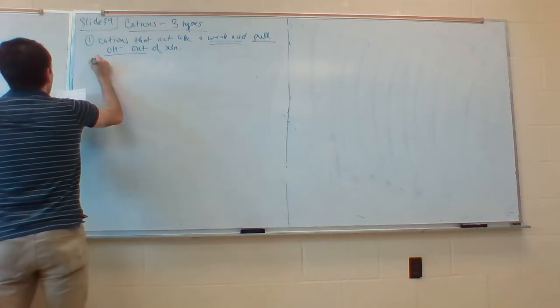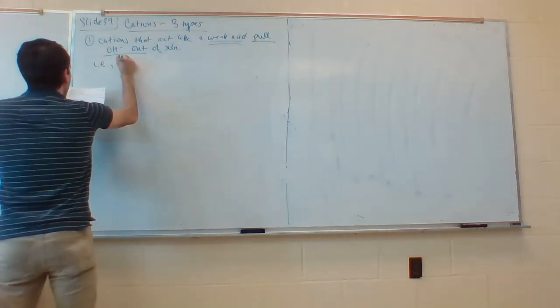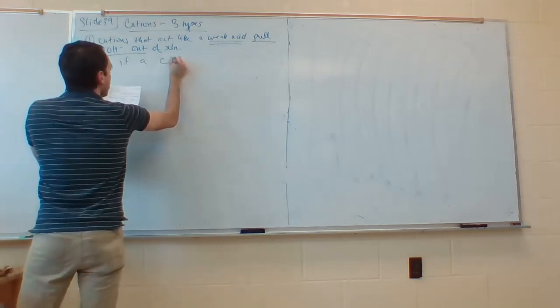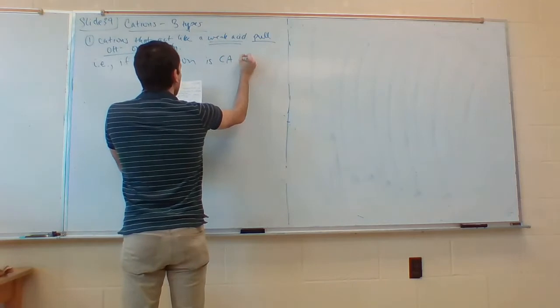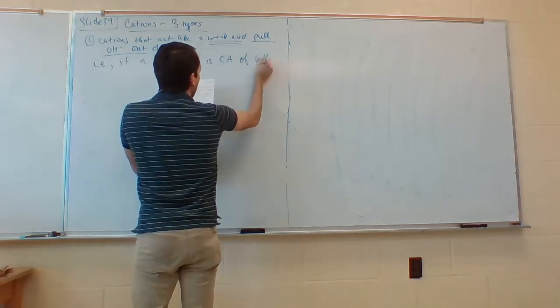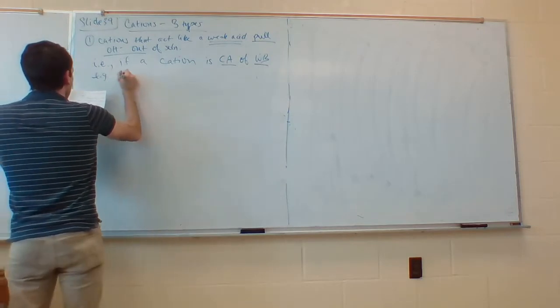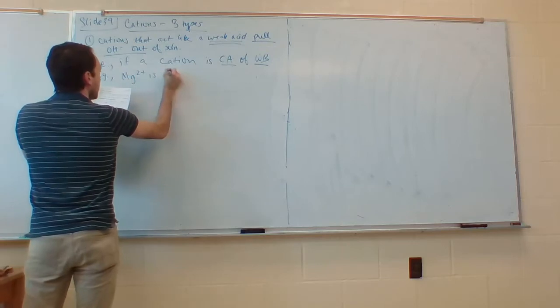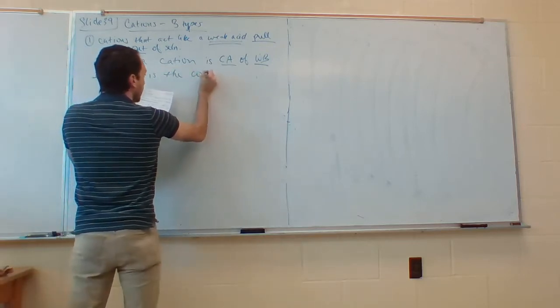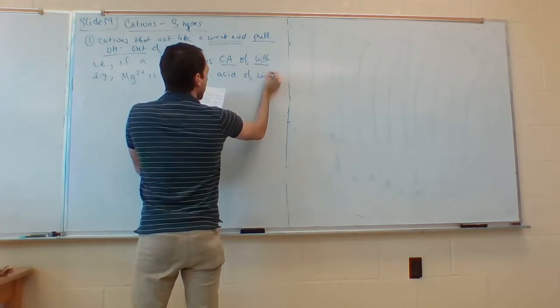What I mean by that is that if a cation is the conjugate acid of a weak base, for example, magnesium 2 plus is the conjugate acid of a weak base.